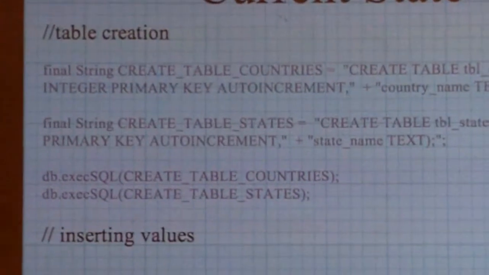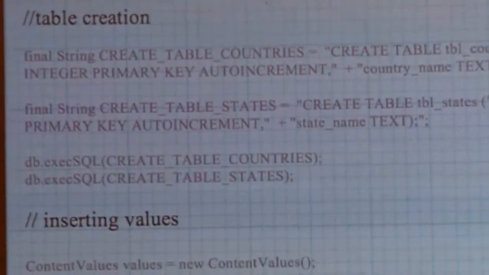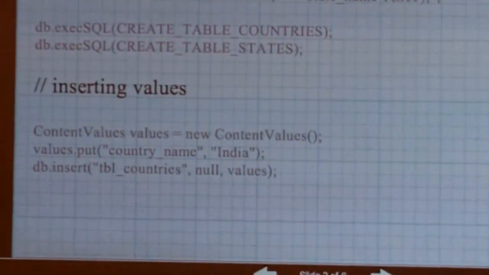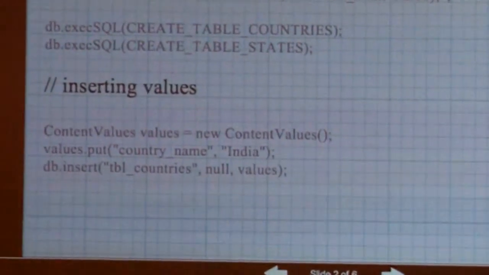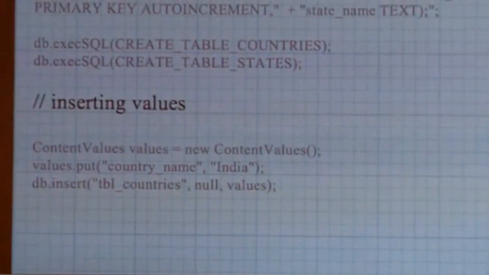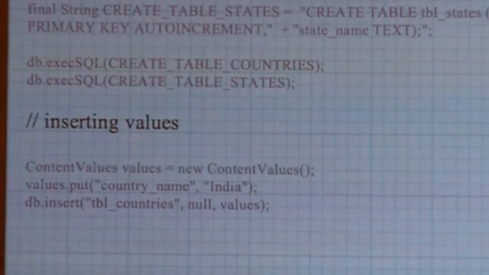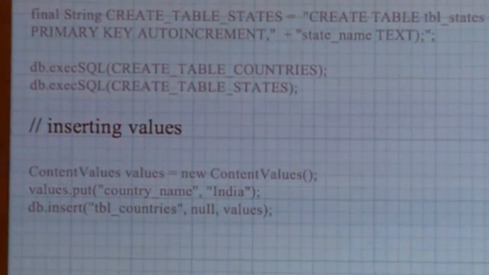And then there's inserting values, where either you write a full query, or you go with content values, in which case you pretty much hardcode the column names and the values. And then you do the DB insert, which will put it in the table.